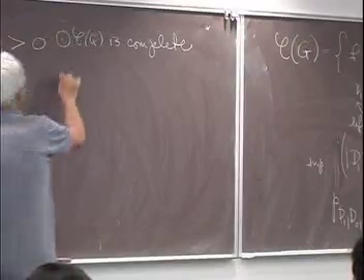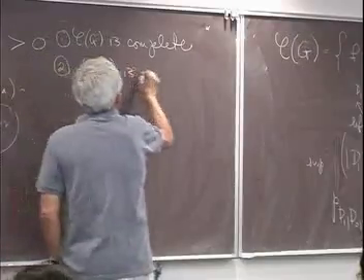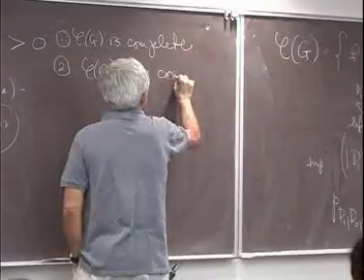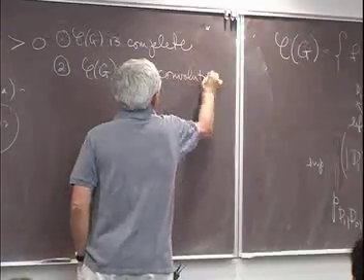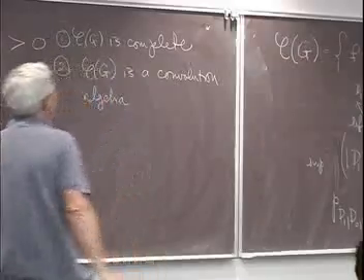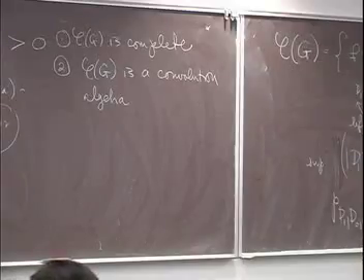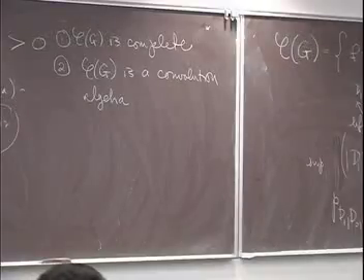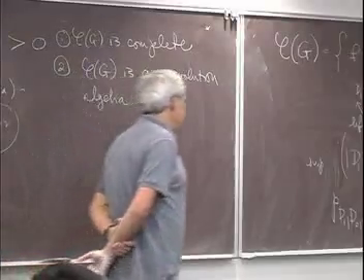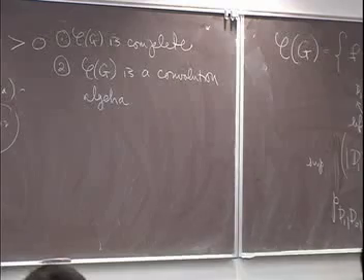Then the second property is that C of G is a convolution algebra. So basically, we define convolution of functions with compact support. Because of these growth conditions, you can see that convolution is well defined for two functions from Schwartz space.